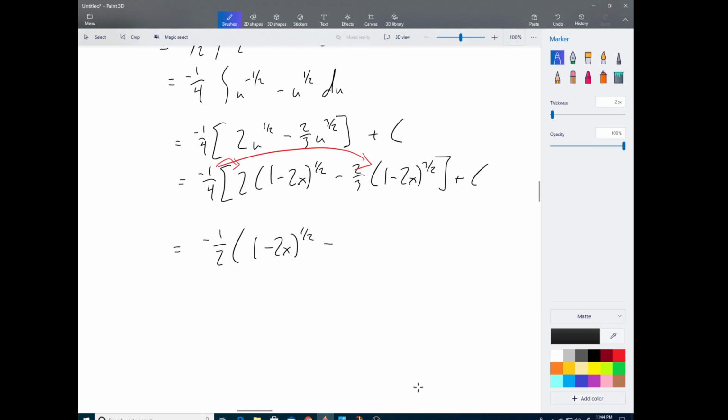Well, a 2 will cancel out. You'll still be left with 2 on the bottom. 2 times 3 is 6. Your 2 on the top canceled, and you have a negative times a negative, so that will become a positive right here. And that's going to be as clean as we're going to worry about right now.